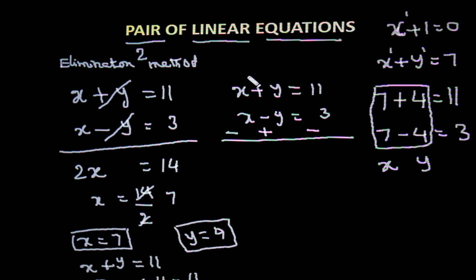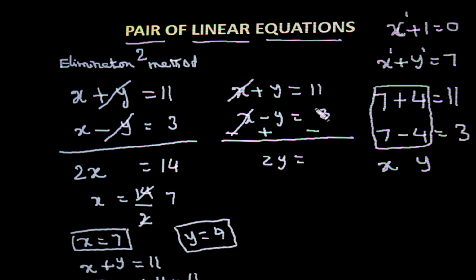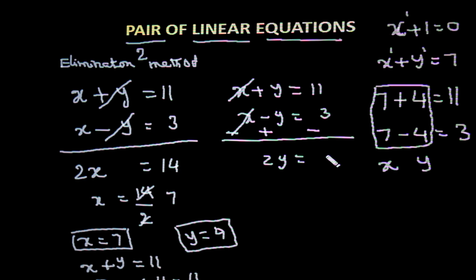x minus x: this is minus x, gets cancelled. y plus y, 2y is equal to 11 minus 3. 11 minus 3 is 8. y is equal to 8 divided by 2, which is 4. y is equal to 4.